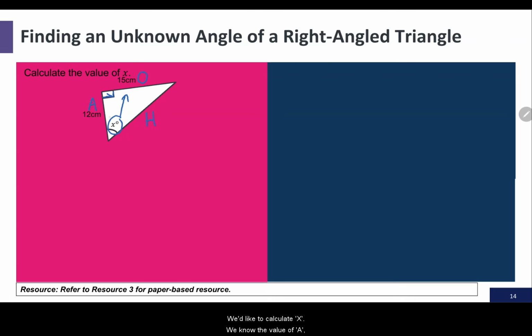We'd like to calculate x. We know the value of A, and we know the value of O. So we're looking for a ratio with O and A in, which in this case is tan.